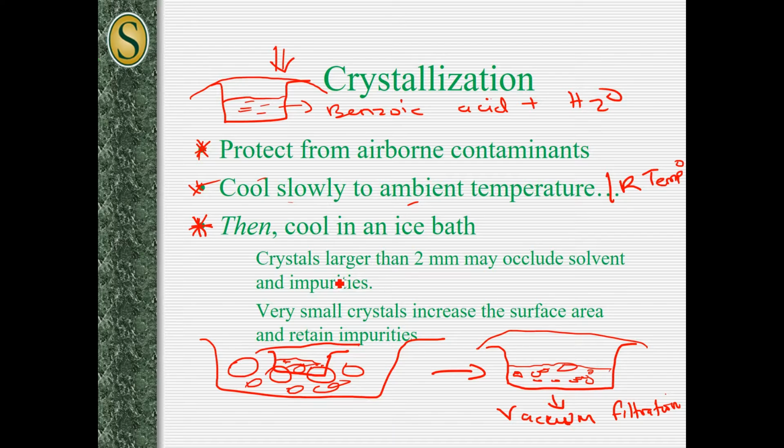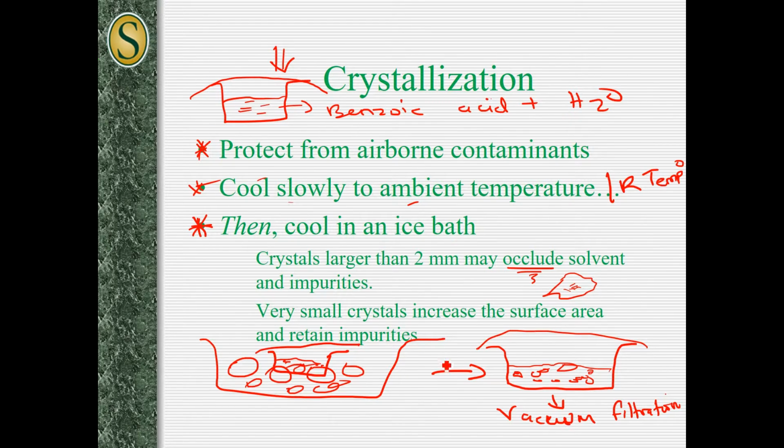Or you could get big crystals which formed quickly, which occlude solvent and impurities within themselves. Whenever you have very big crystals, the impurities might hide within them because you rushed the process. That's why we want to cool it slowly to room temperature before putting the flask on the ice bath.